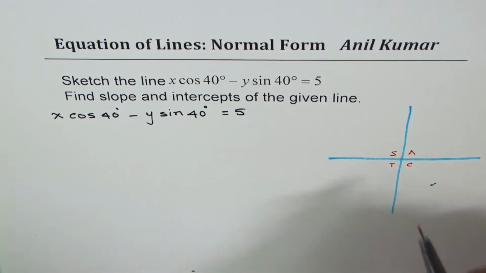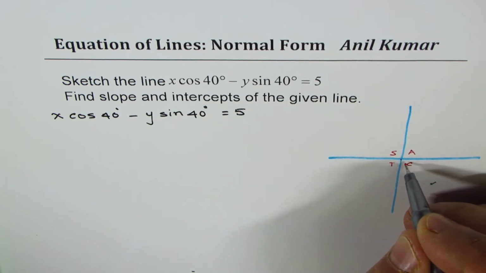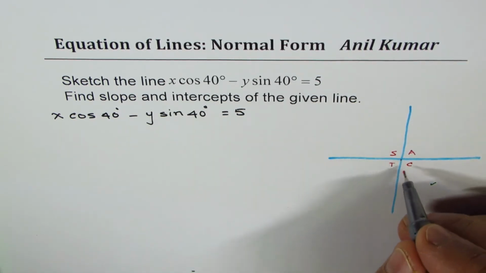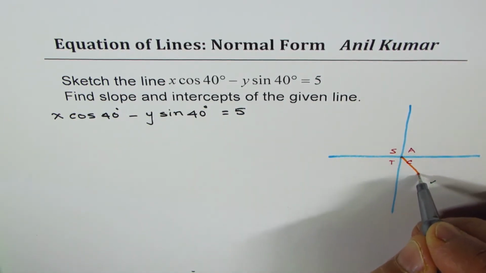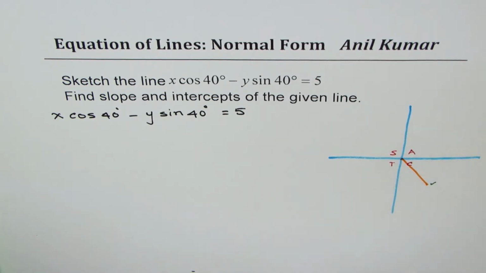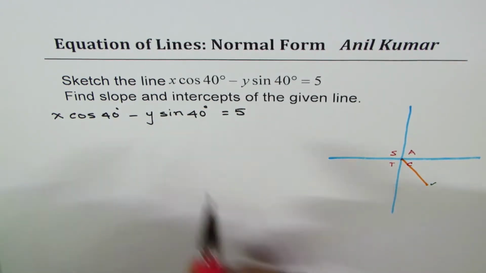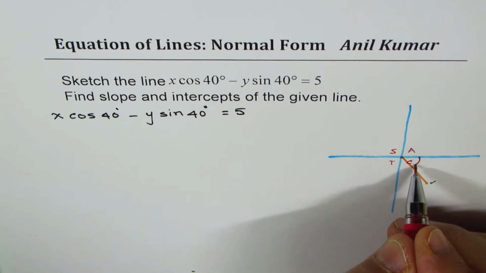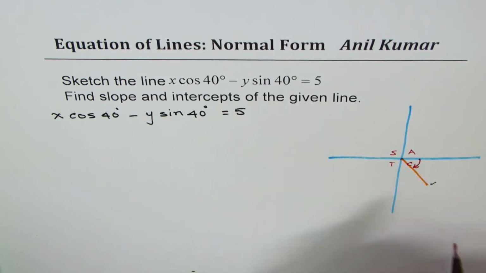So let me first sketch this perpendicular, which is making an angle of 40. Truly speaking, it is minus 40. Do you see that? So that's the perpendicular, and the angle we're talking about is this angle. Since it is minus 40, the sine value is negative, correct? So what is the principal angle in this case?